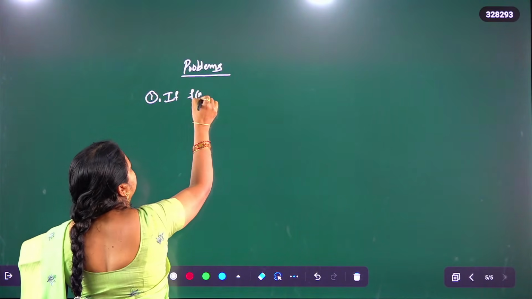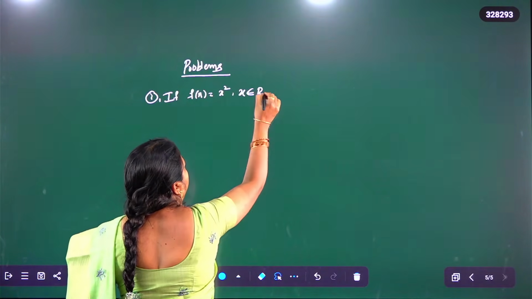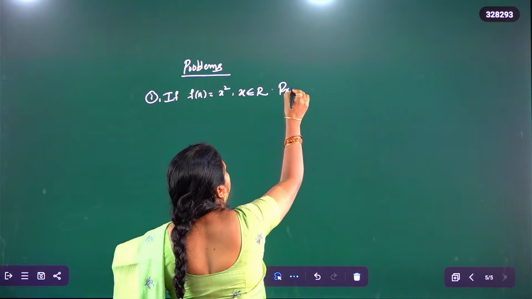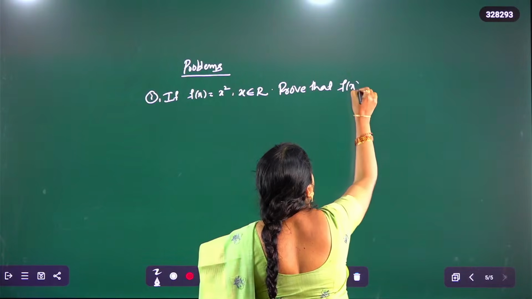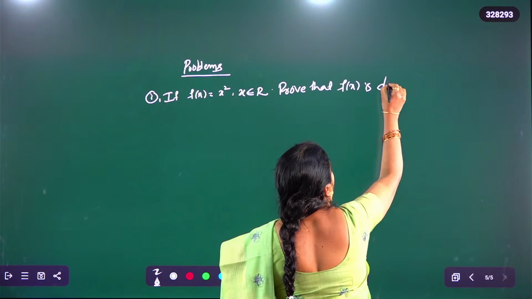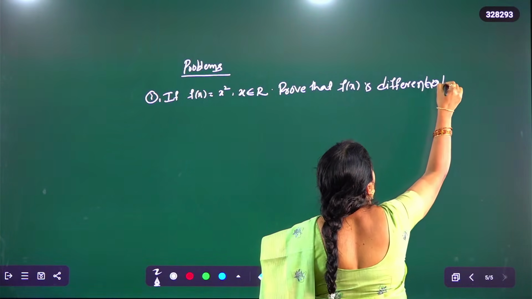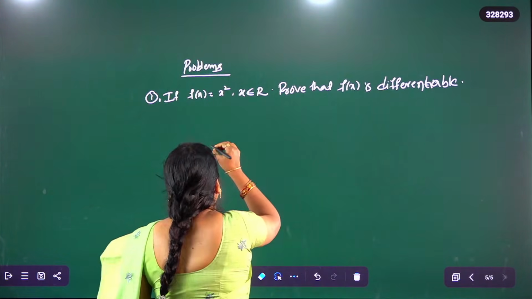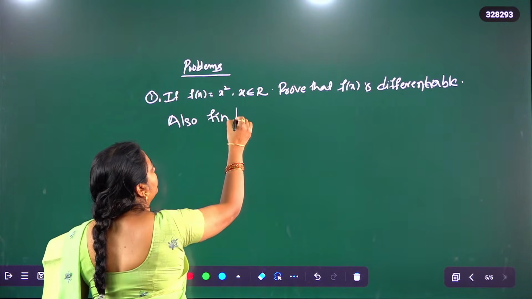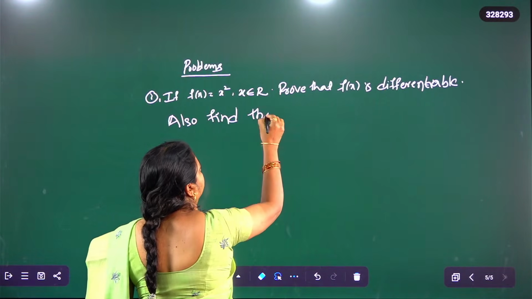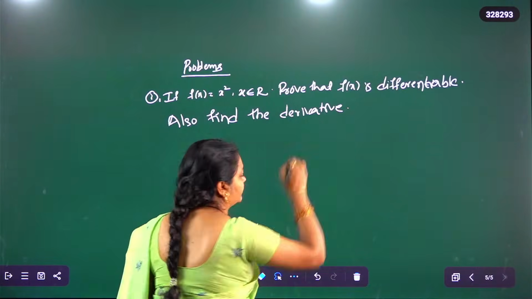If f of x is equal to x square, x belongs to R, prove that f of x is differentiable, and also find the derivative.